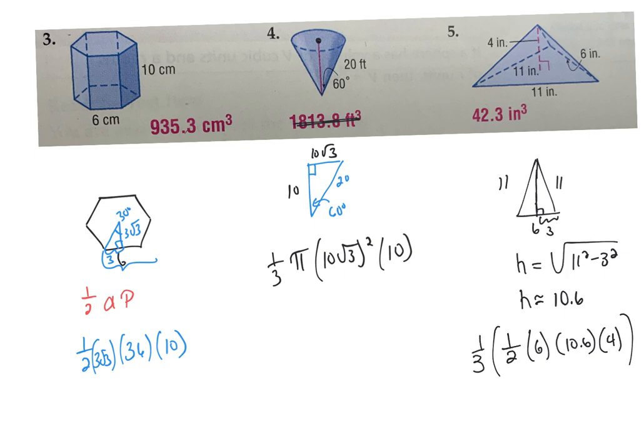So what you're trying to do here is figure out what your base is. You do have to remember things like isosceles triangles, right? That's an isosceles triangle. You do have to remember that you can do a perpendicular down that will cut it in half. And then, of course, the Pythagorean theorem, I don't think you'll ever forget. So you do have to solve a little bit within it, but then you just area of the base times the height divided by 3.